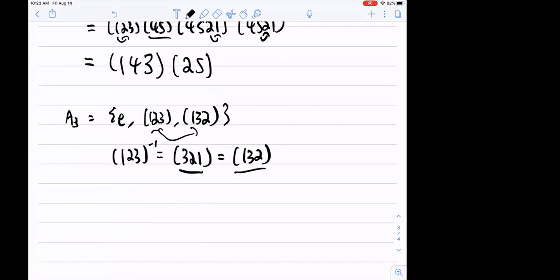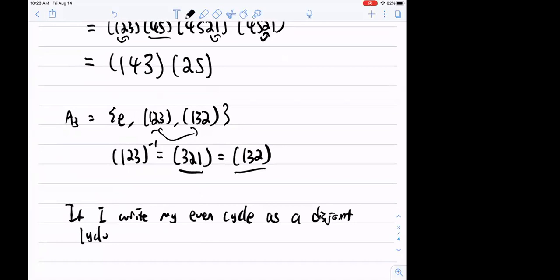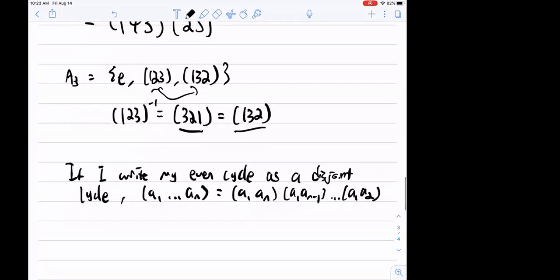If I write my even cycle as a disjoint cycle, A1 to AN, and there's an even number of these, then the inverse is still even.